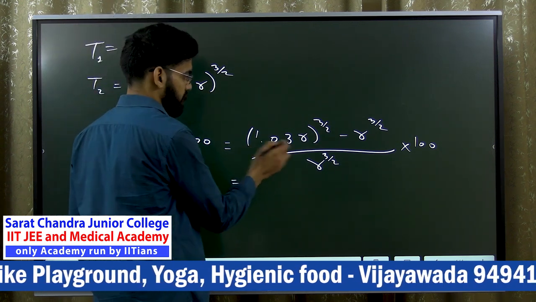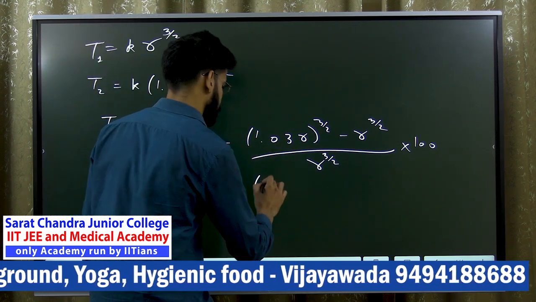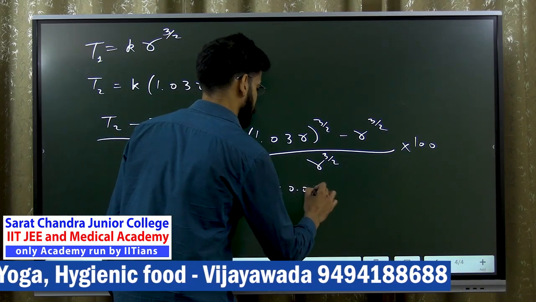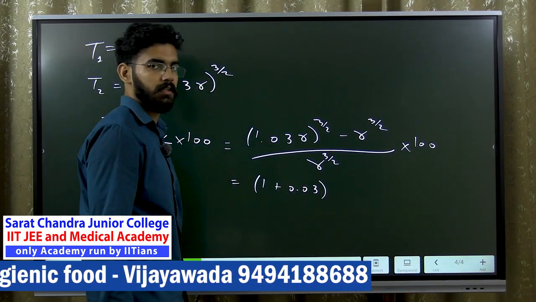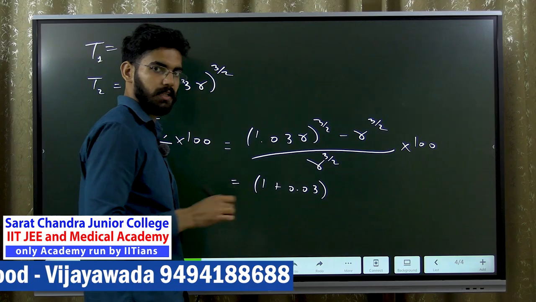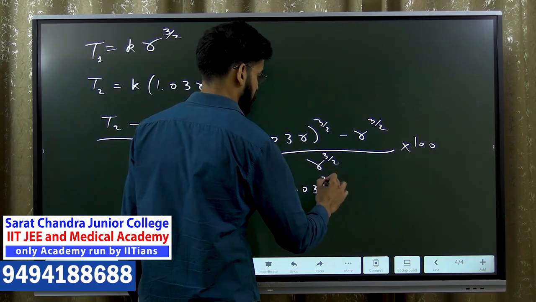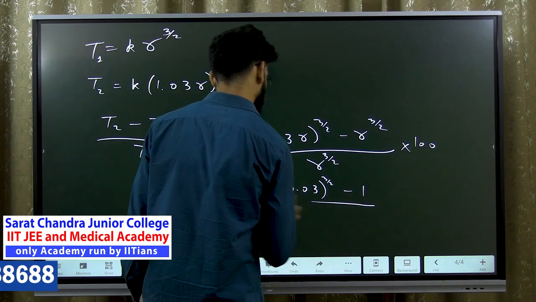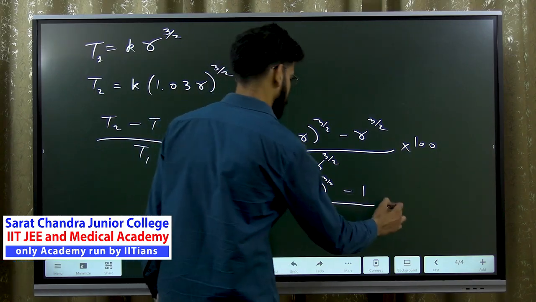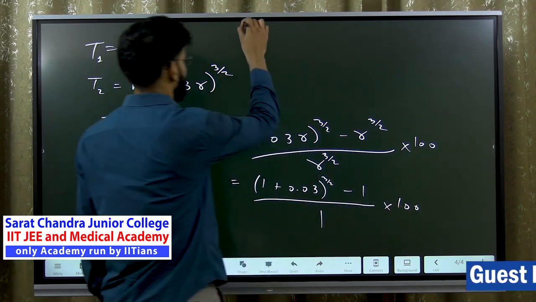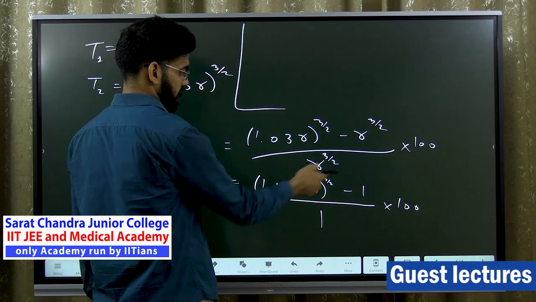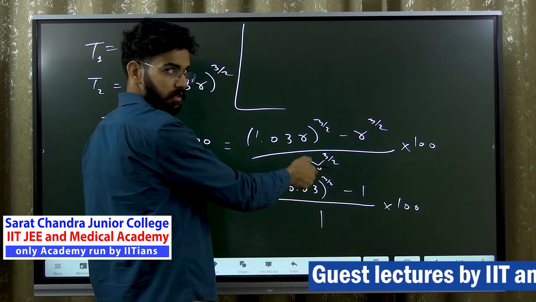So r raised to power 3 by 2 got cancelled out. You will have here 1.03, so I can write this as 1 plus 0.03. Approximately he said, so binomial approximation I can apply. So (1 plus 0.03) raised to power 3 by 2 minus 1, divided by 1, into 100. See, 1 plus x raised to power n is 1 plus nx.